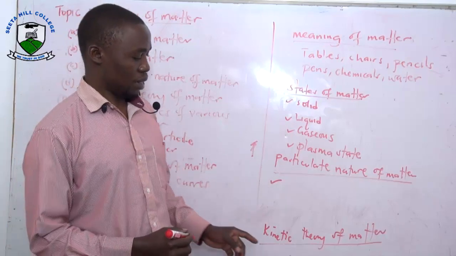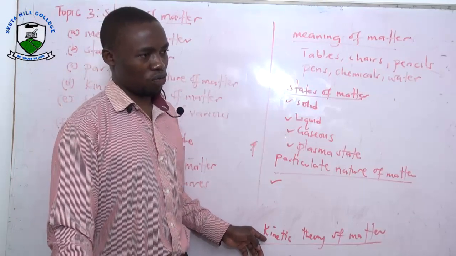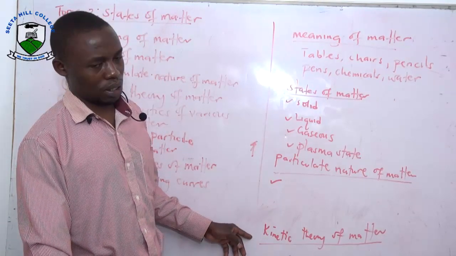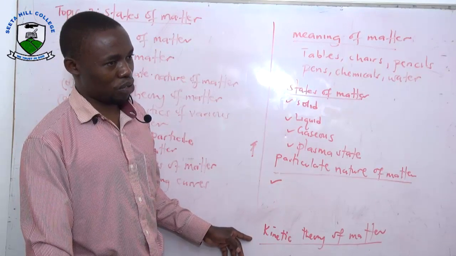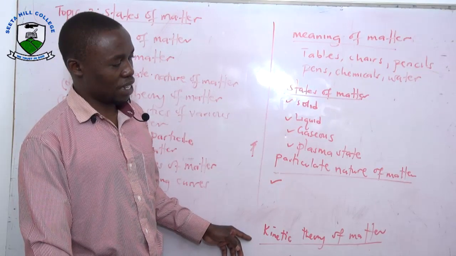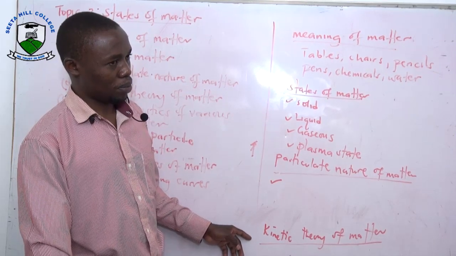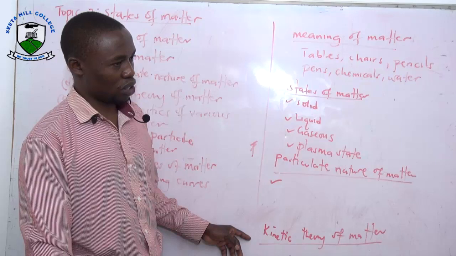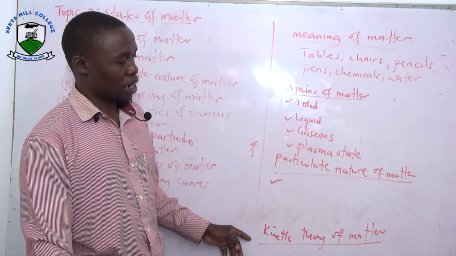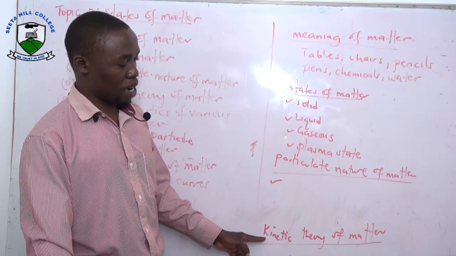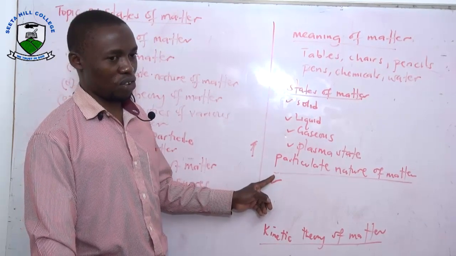It said that matter has very tiny particles which are in a state of random motion, and the speed of motion depends on the temperature. See? Now, those were a summary of the particulate nature scientific theories of matter.